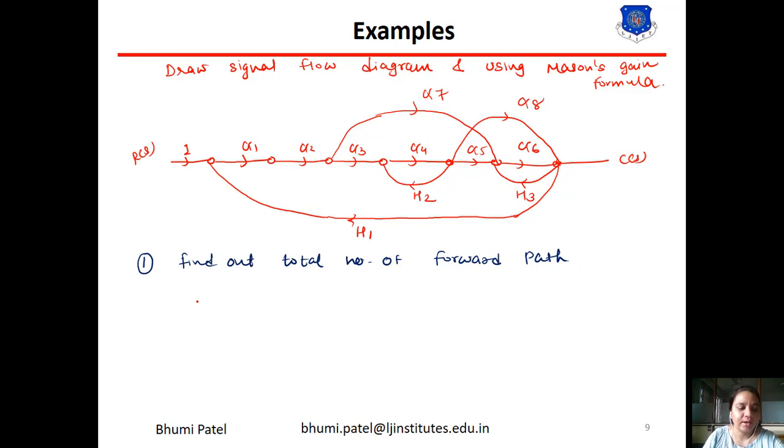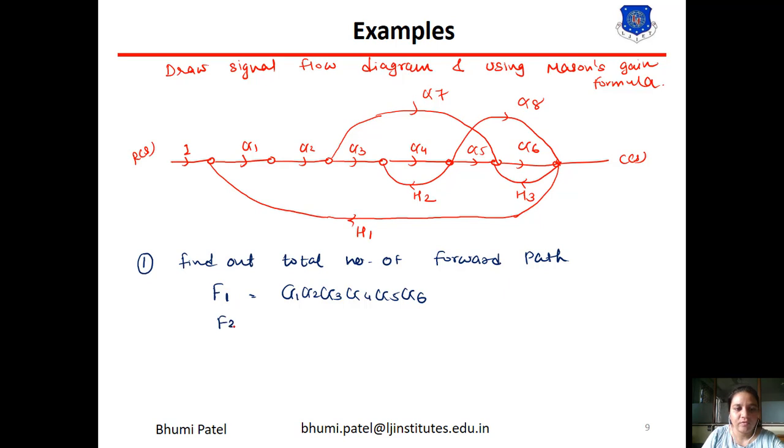Here you can see that the first forward path F1 is equal to 1 into G1 into G2, G3, G4, G5 and G6. So the first forward path is G1, G2, G3, G4, G5 and G6.